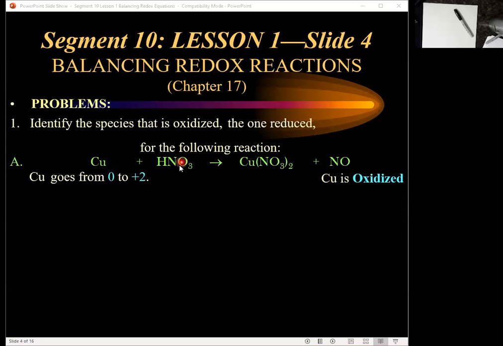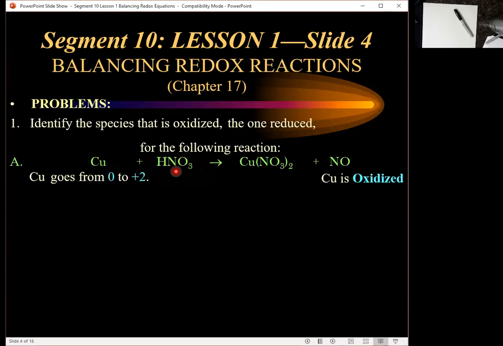Let's see. So I've got -6 for the oxygens, and I've got a +1 for the hydrogen. That means the nitrogen has to be +5, because +5 plus 1 would be +6, and -6 would give me 0.